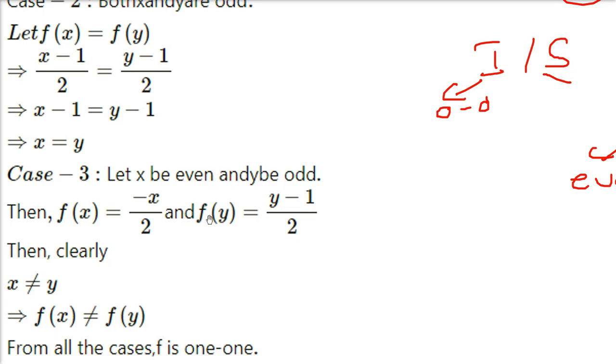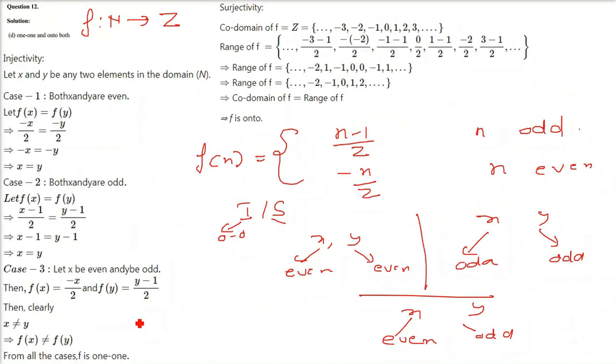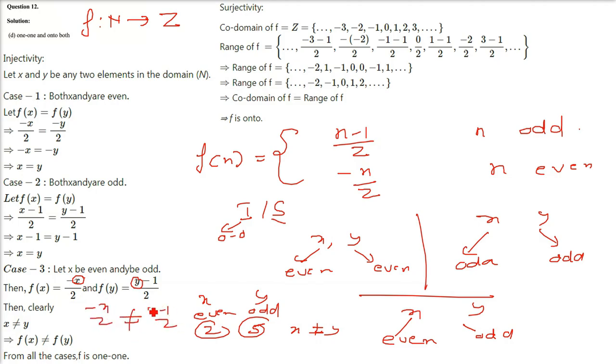Minus 2, for example, you remember. Now, when x and y are not equal, this fx and fy is also not equal. I am saying x and y, one is even, one is odd. They cannot be equal. One will be 2, so other will be 5. X is not equal to y. When x is not equal to y, then by observation, we can easily see that fx should not be equal to fy.